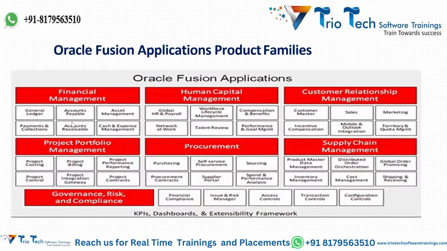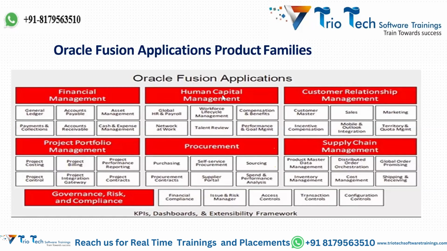Okay. And guys, talking about Oracle Fusion as a complete suite of applications, Oracle Fusion has multiple product families like financial management, which helps us manage financial transactions, human capital management, customer relationship management, supply chain, procurement, different product families, and each of those product families has different modules.